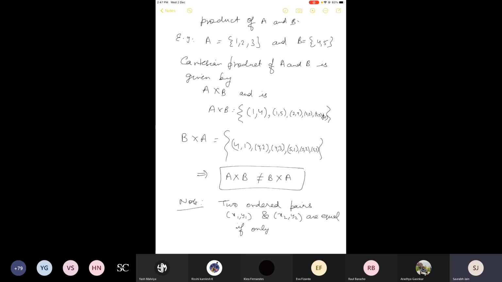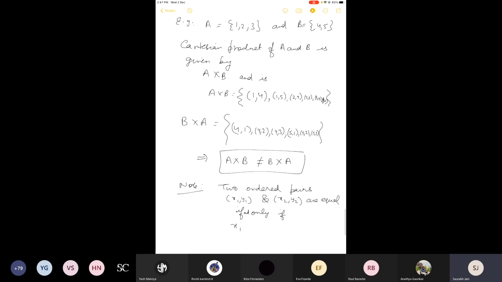If and only if we have these x values equal and y values equal. Okay. So we cannot say that 1 comma 4 and 4 comma 1 is the same thing. No, it is different. These are two different ordered pairs. That is why the Cartesian product A cross B and Cartesian product B cross A both are different things.